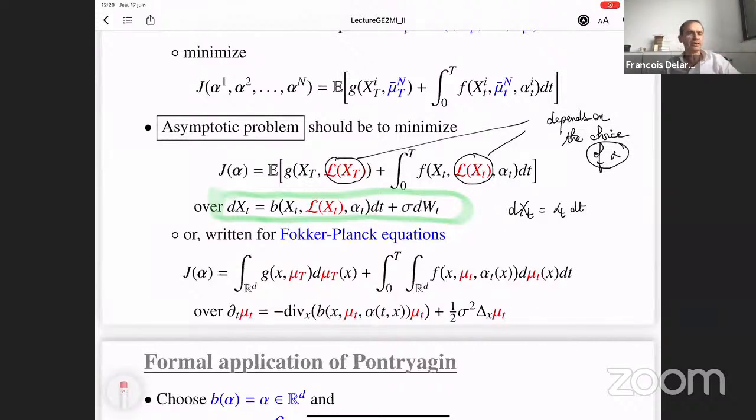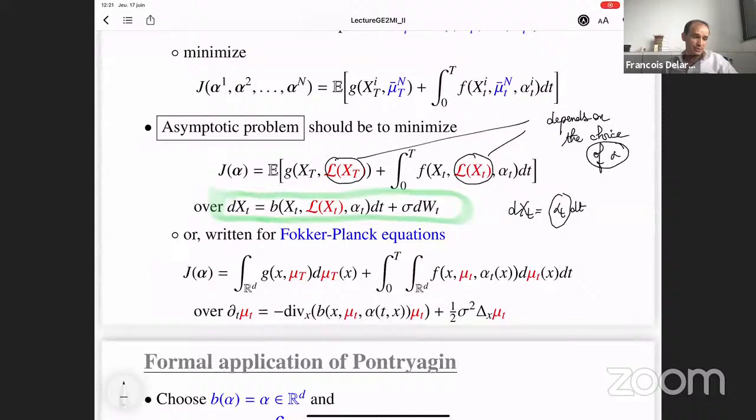So you pay an infinite cost if you don't reach the target. And otherwise, if you reach the target, you just pay the kinetic energy that has been used, so the integral of the square of alpha used to reach the target.